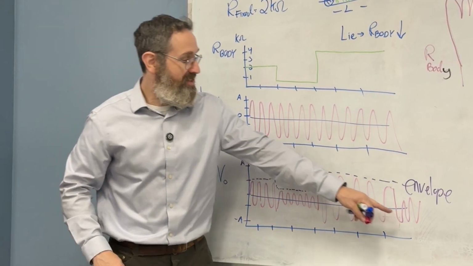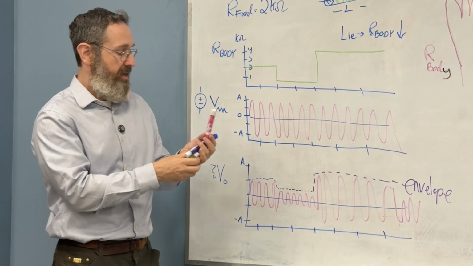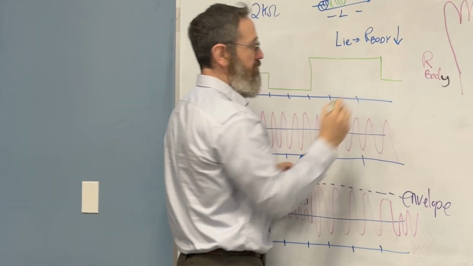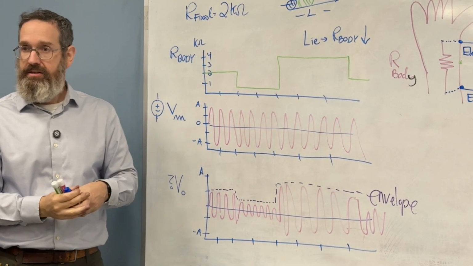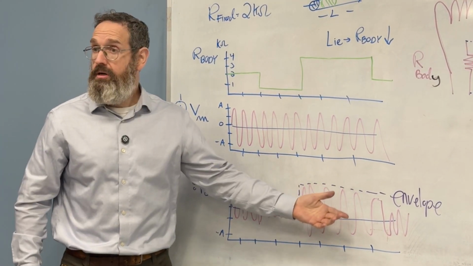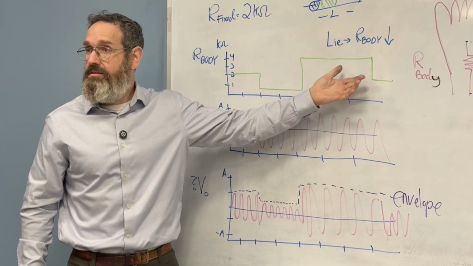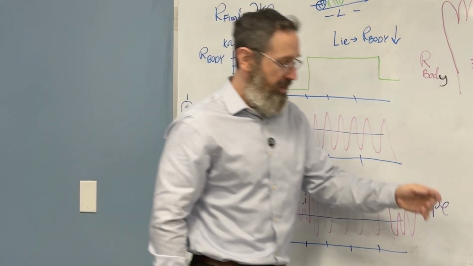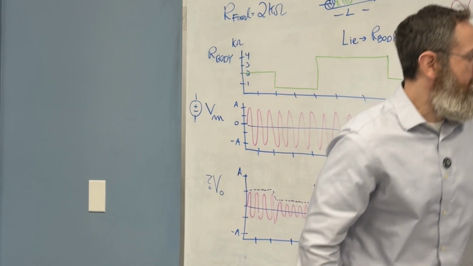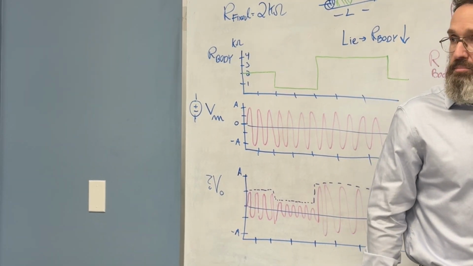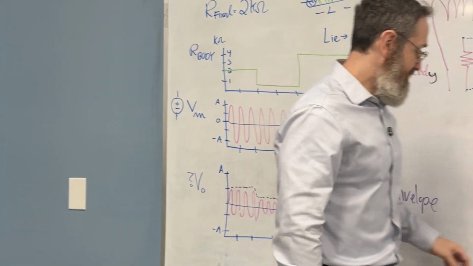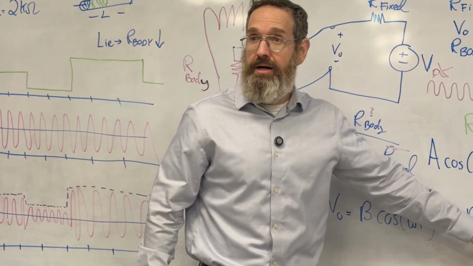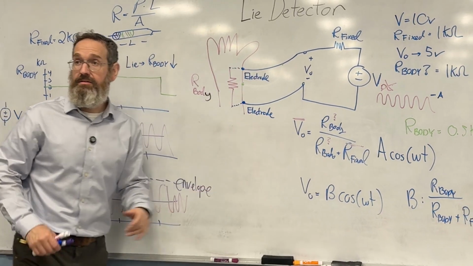Well, you know that the resistance therefore went back to 2. The size of the envelope tells us the resistance, not the rate of wiggling. The rate of wiggling is just what we put in. It is the size of the envelope that betrays what our body is. Yes?